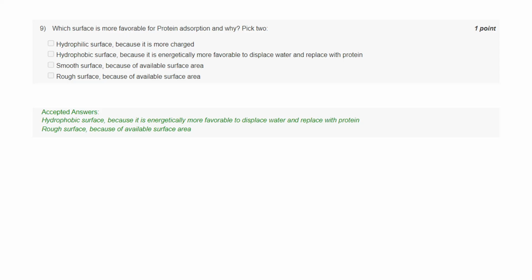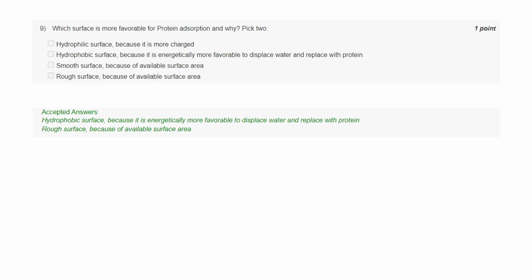So whenever you put a surface, if it is hydrophobic in nature, they are very happy. The proteins don't want to interact with water, so they can easily adsorb onto this hydrophobic surface because it is more favorable for them. They can just displace the water and attach onto the surface. That's why a hydrophobic surface is more favorable for protein adsorption.